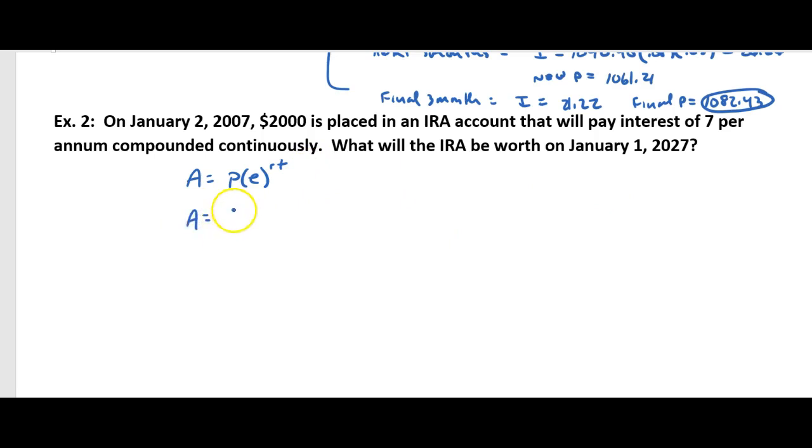Well, the amount after, what is our initial deposit? $2,000, times E, what is our rate? If it's 7%, that's 0.07 times, how many years is it from 2007 to 2027? That would be 20 years.